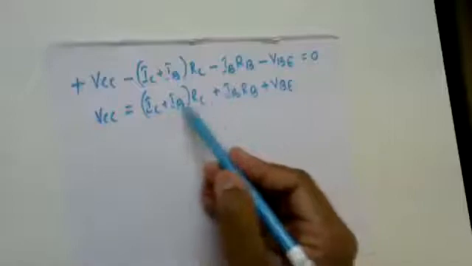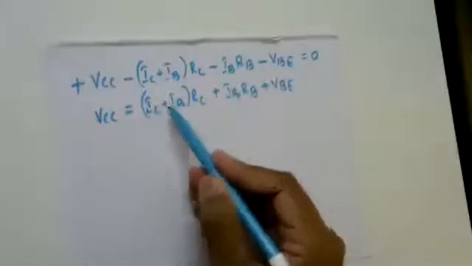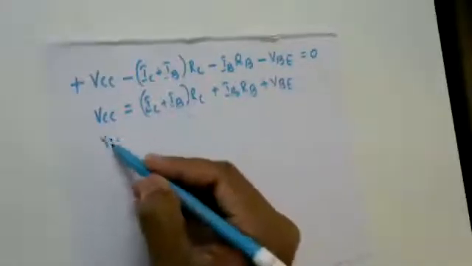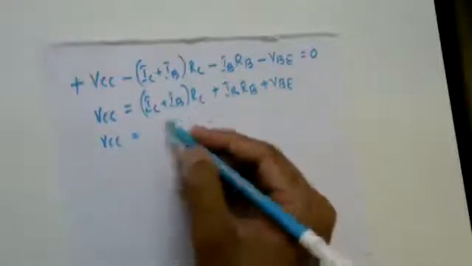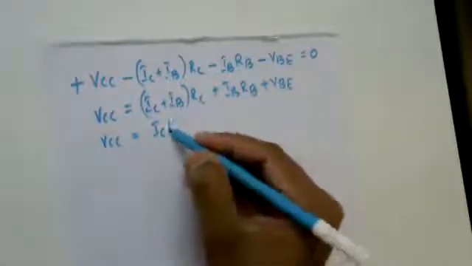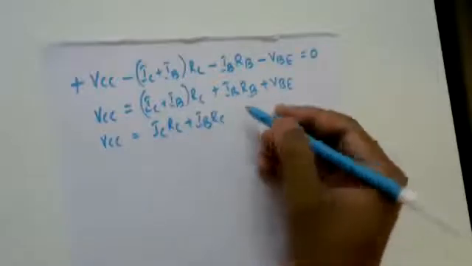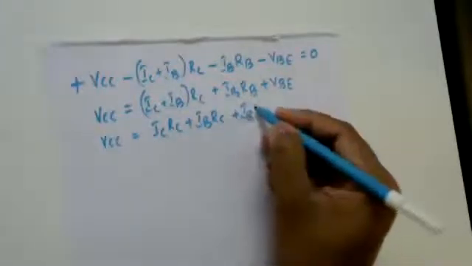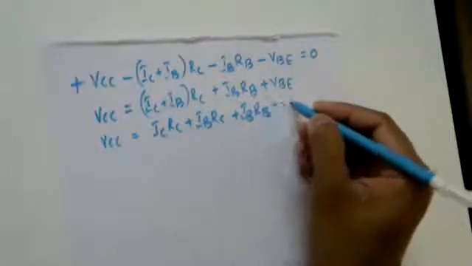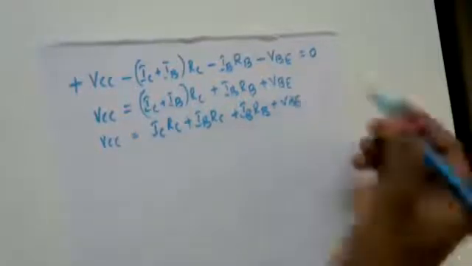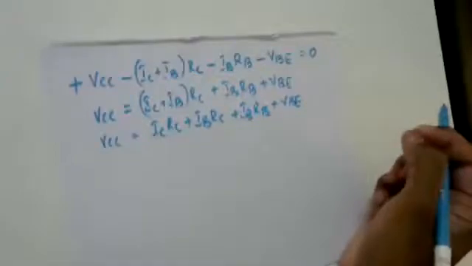Now I'll take this RC inside. So if I take this RC inside, I'll be able to get this expression as VCC is equal to IC RC plus IB RC plus IB RB plus VBE.